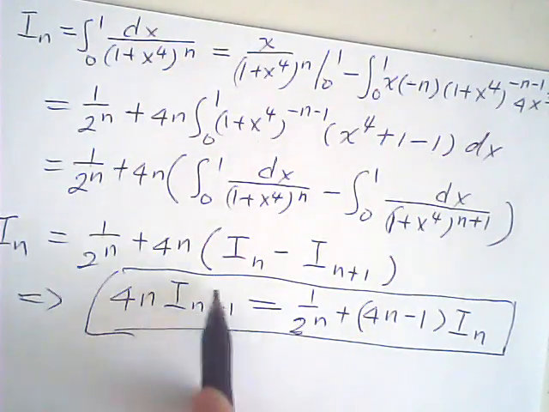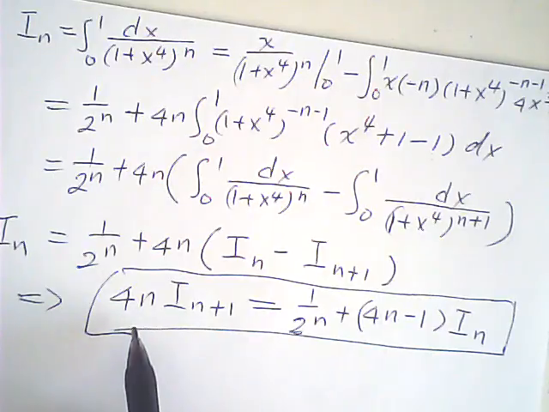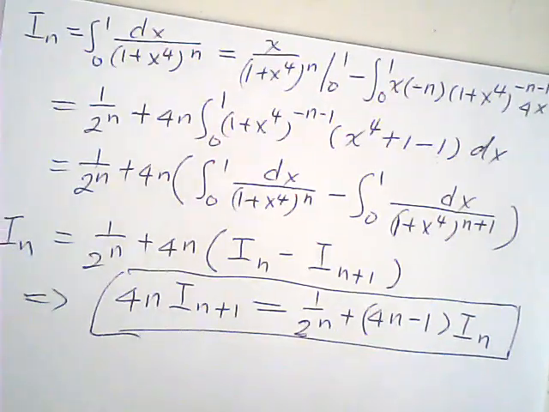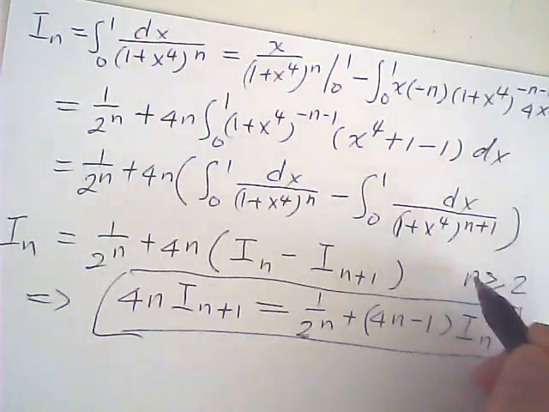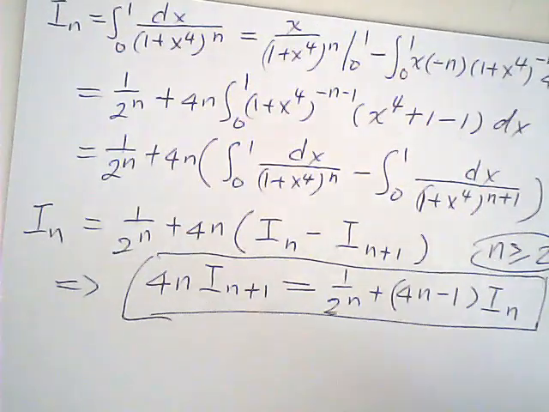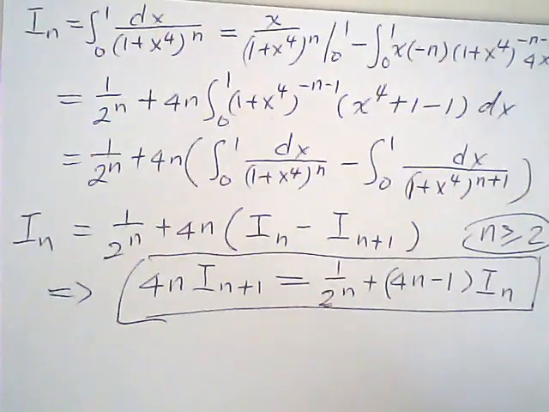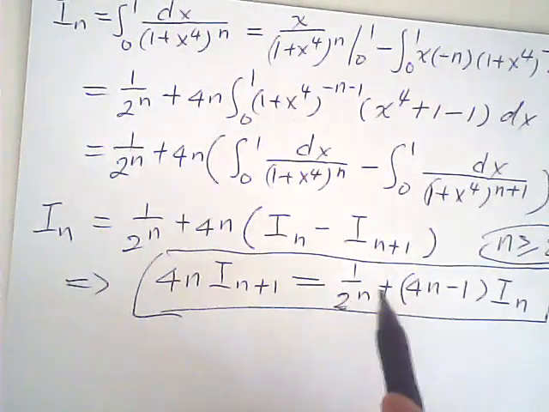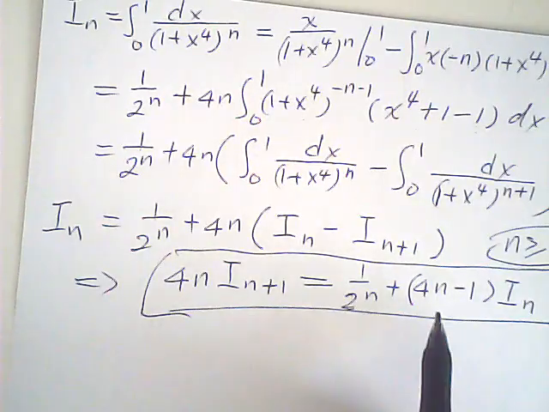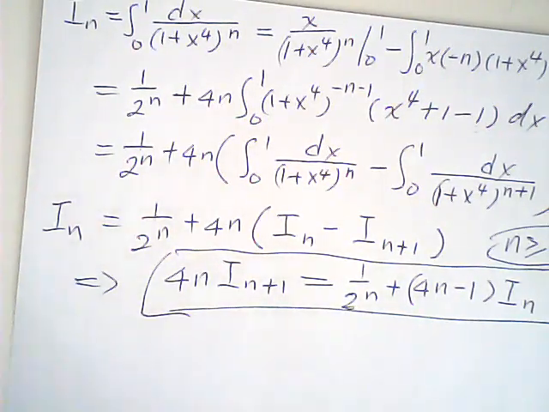When n equals 0, this is 0, right? So this formula is valid only for n a positive 2 or more. So how do we find the others? We must find the special value of I1.